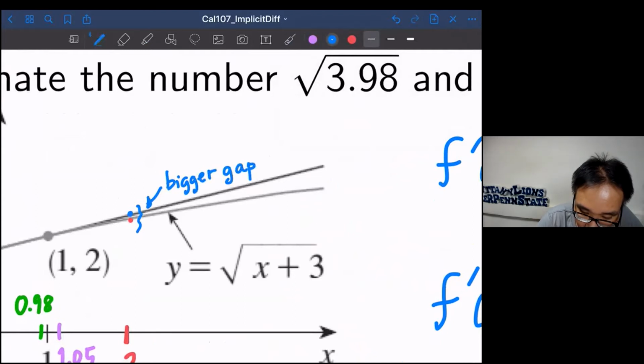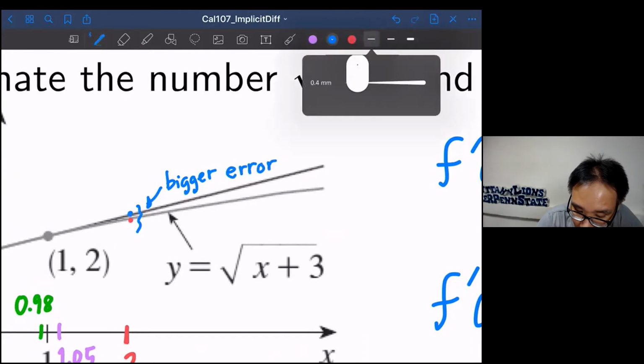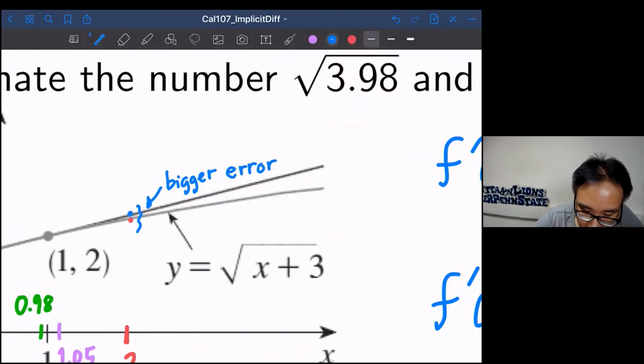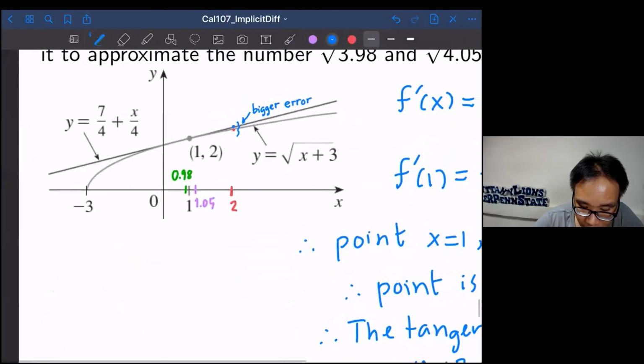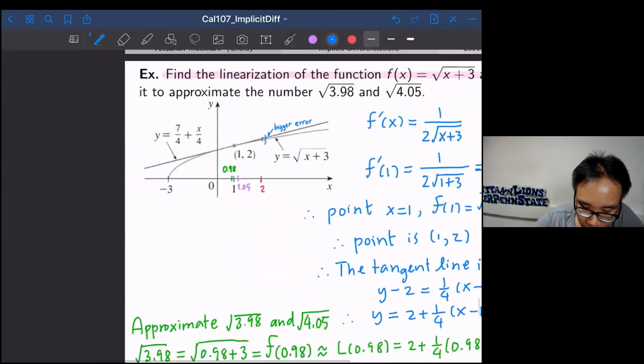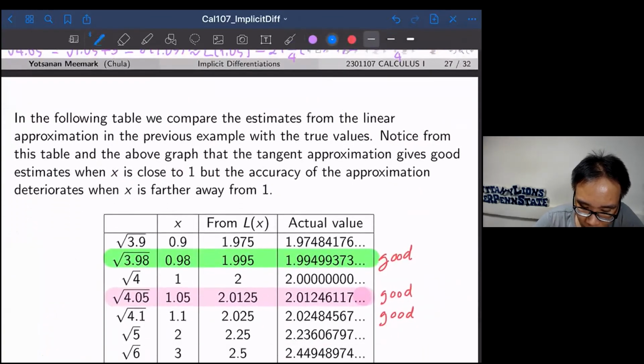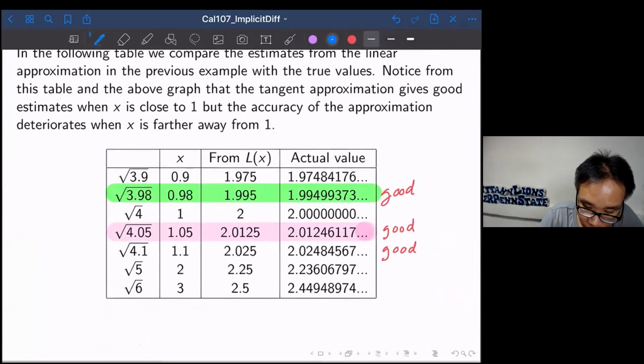Gap or error, let me say bigger error. So this one gives you a bigger error in this case, and you see this one turned out to be kind of not quite good. So for this one, I'm going to say bad. Because it's 2.25, this one you get 2.24. Okay, it's not quite correct.